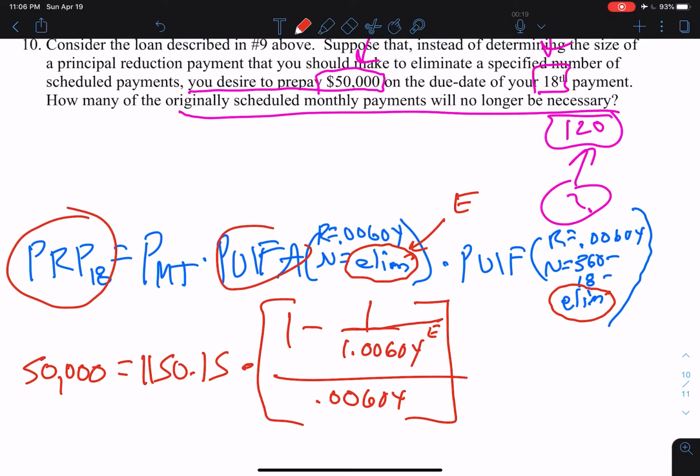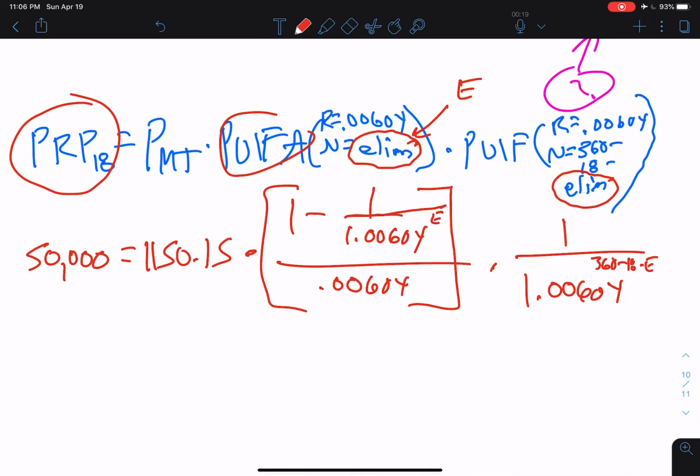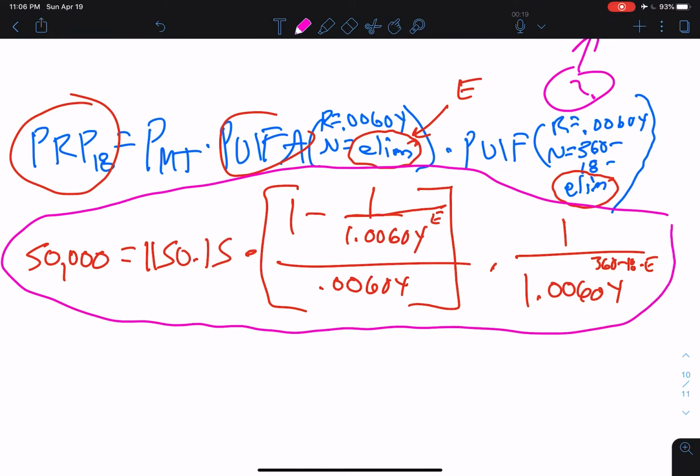Now times this PVIF, which will be 1 over 1.00604 to the power 360 minus 18 minus E. There's the E again. And so now we want to solve this equation, which I will now enclose in this awkward pink colored shape. We want to solve that for the only variable in the equation, which is E.